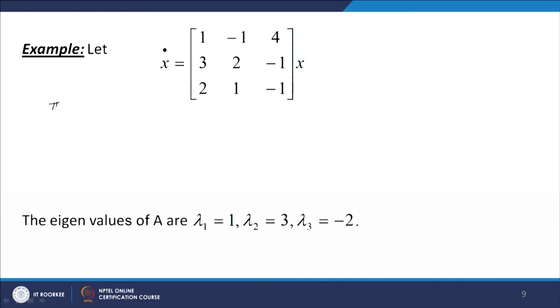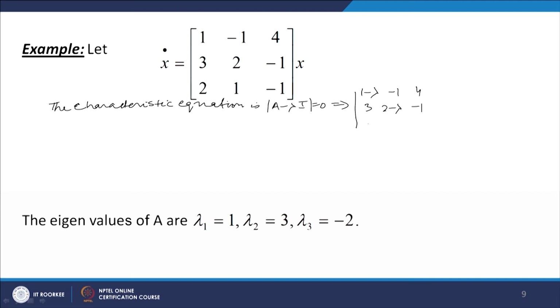We write the characteristic equation as determinant of A minus lambda I equal to 0, which gives us, from the diagonal elements of A, we subtract lambda. So, the determinant with rows 1 minus lambda, minus 1, 4; 3, 2 minus lambda, minus 1; 2, 1, minus 1 minus lambda, equal to 0.